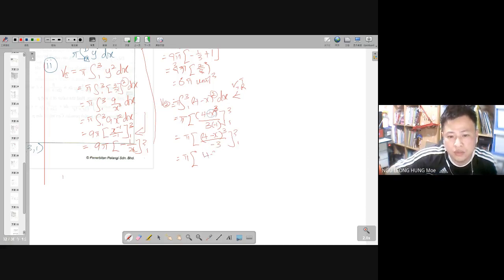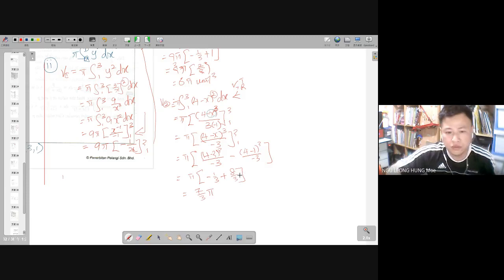Never mind, I do it like this. Negative 1 over 3 times 4 minus 3 cubed, minus 4 minus 1 cubed. 4 minus 1 equal to 2, 2 cubed is 8, so 8 over 3 and 1 over 3 gives 7 over 3 pi.